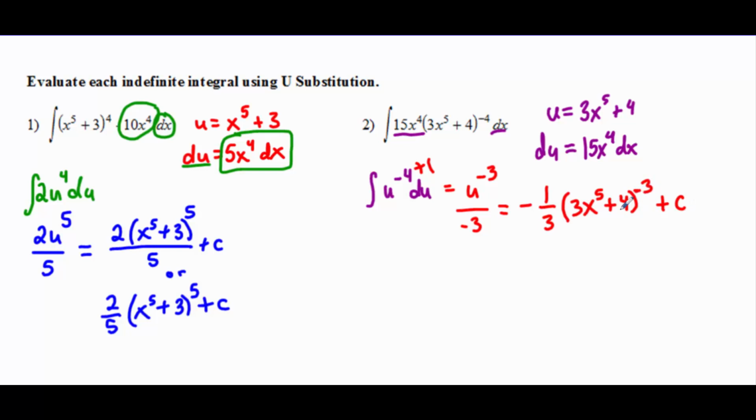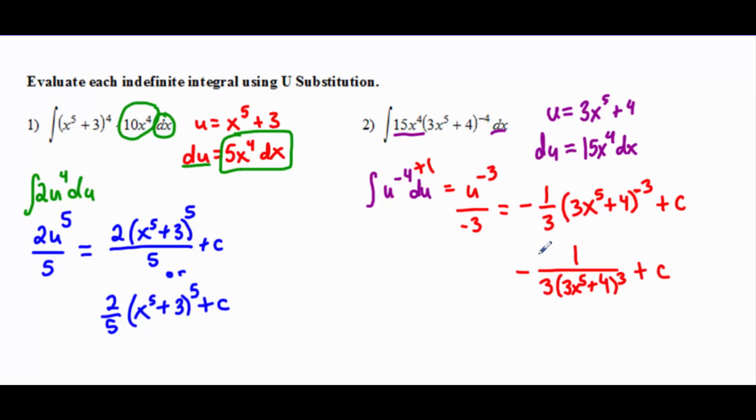But a lot of times in math we say, well, I don't want negative exponents, and so to fix that negative exponent, we would write it on the bottom of a fraction, and since there's already a 3 on the bottom, it's just going to go in front of that. And since we put it on the bottom of our fraction, now it's a positive third power.